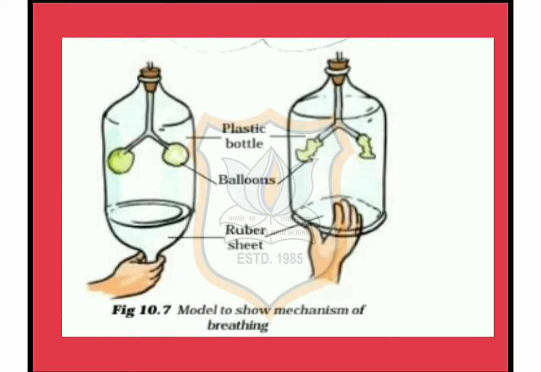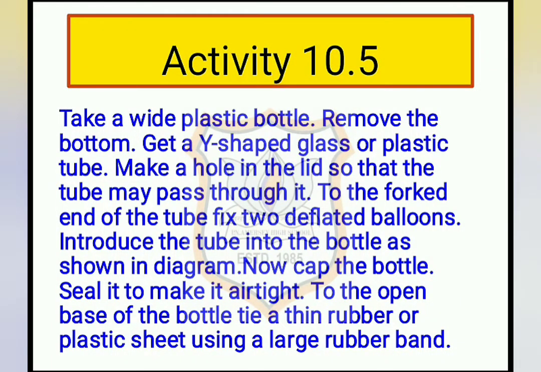Students, you can see in this diagram the model to show the mechanism of breathing. To prepare this model, we will take a white plastic bottle, remove the bottom, and get a Y-shaped glass or plastic tube. Make a hole in the lid so that the tube may pass through it.